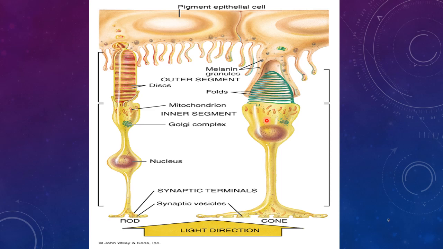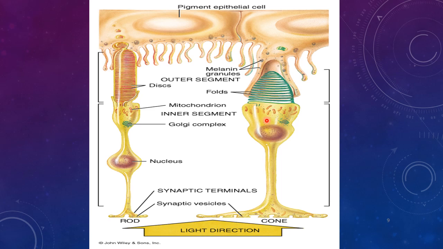So here the very important pigment, which is the photosensitive pigment in the cone cell, is known as iodopsin. Iodopsin is composed of retinal along with the protein photopsin. So this is a combination of retinal, which is vitamin A, plus photopsin that makes up the iodopsin.